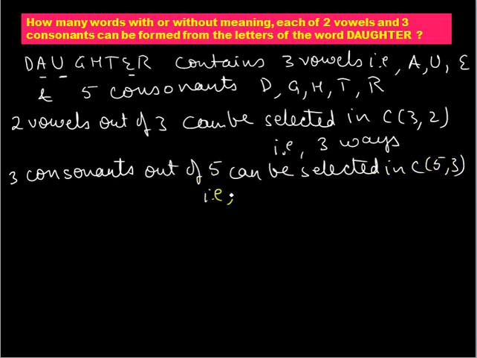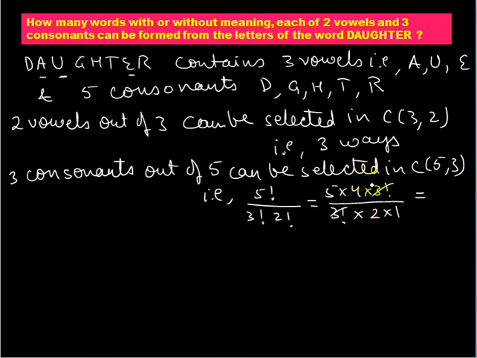It will come out to be 10, because it will be 5 factorial over 3 factorial into 2 factorial, which means 5 into 4 into 3 factorial. 3 factorial gets cancelled out with the 3 factorial in the denominator. 2 factorial is 2 into 1. So with the 2 you can cancel out 4. We will get 2 here. So 5 into 2, 10. So see, in 3 ways we can select 2 vowels. In 10 ways we can select 3 consonants.